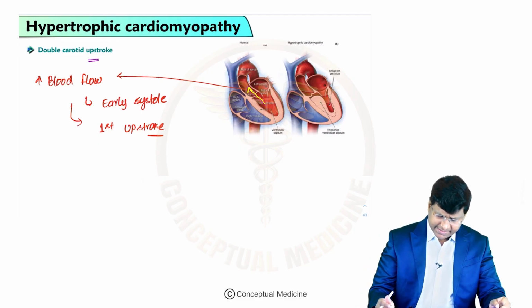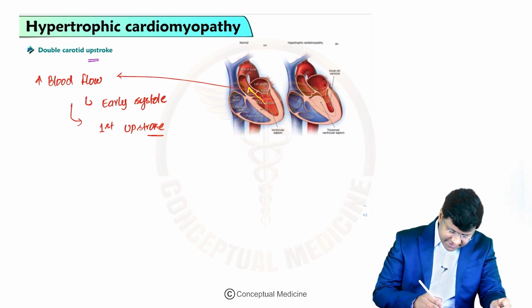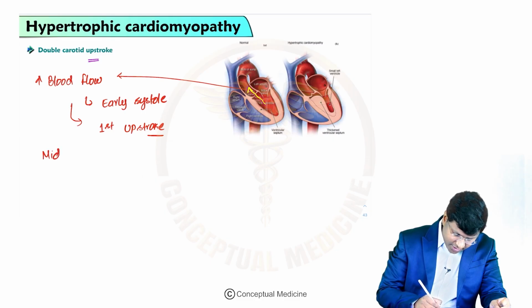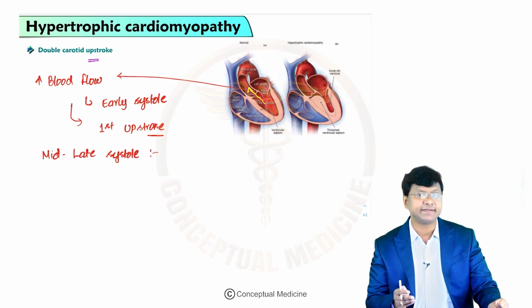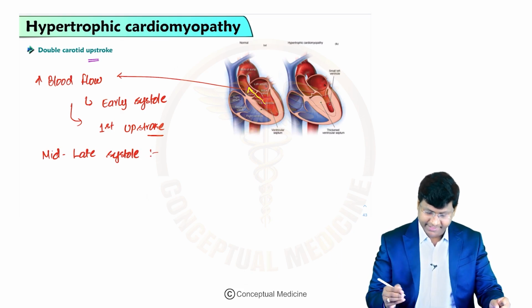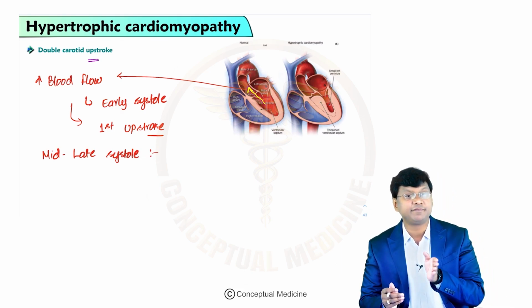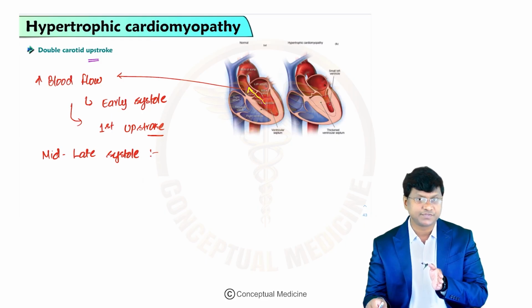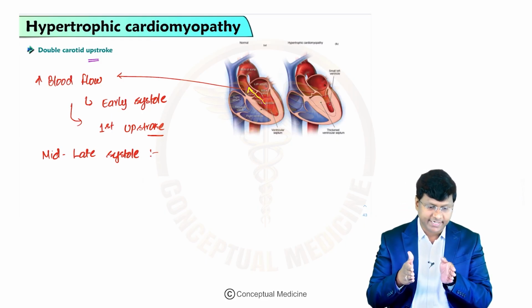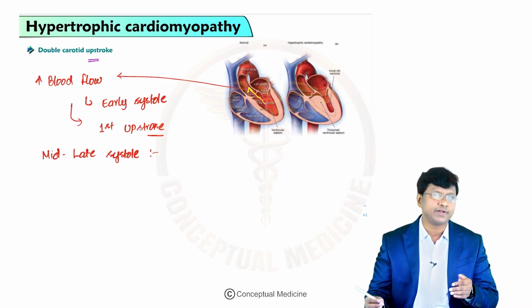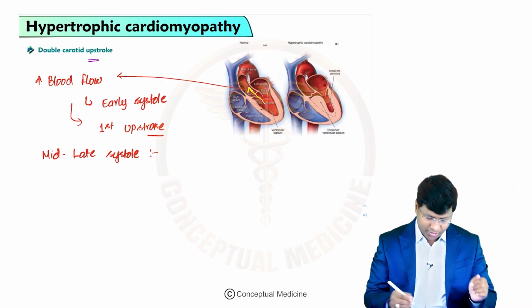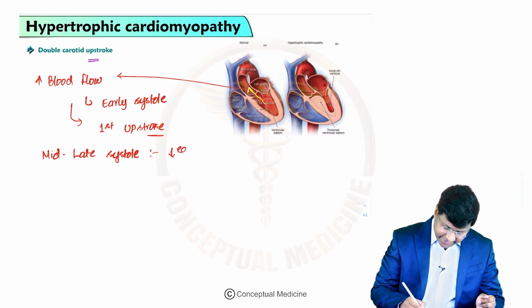Then in the mid or later part of systole, the obstruction further narrows. The left ventricular outflow tract further gets narrowed, and when that happens, the outflow will be decreased.